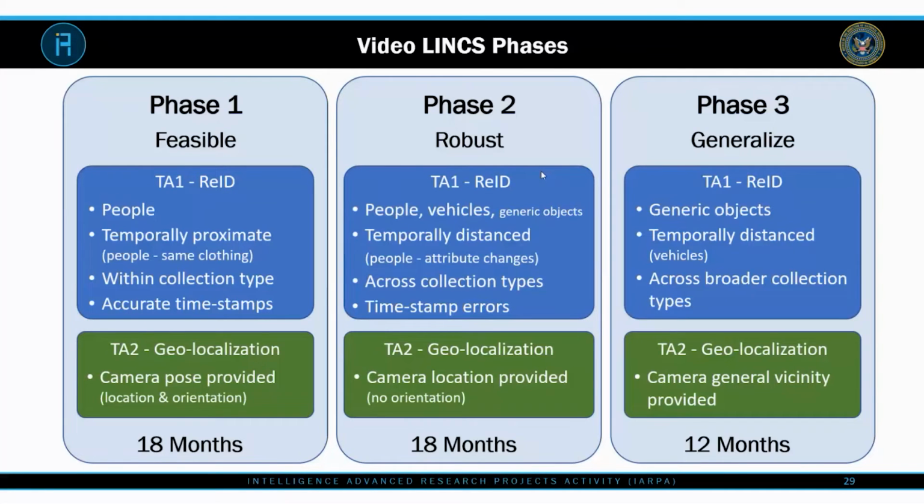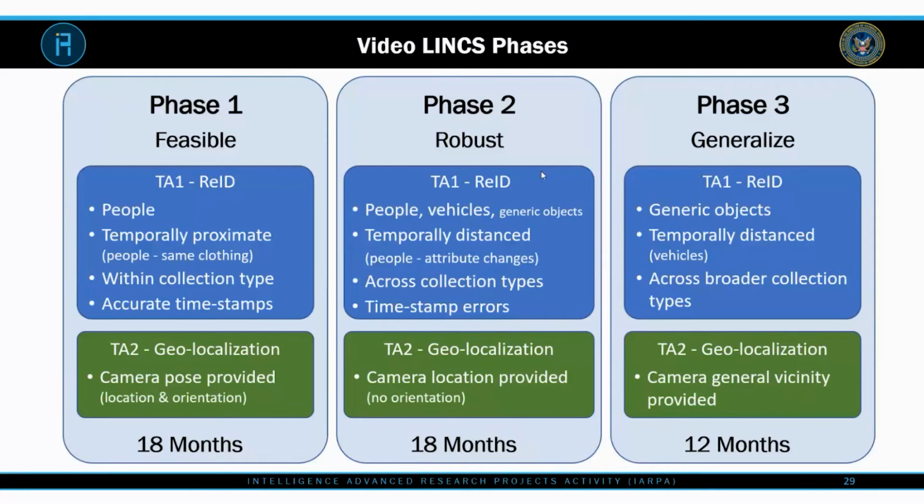And re-ID will be performed across collection types, such as between aerial collected imagery and ground-based imagery. And there will be more timestamp errors in the actual video. For geolocalization, camera location will be provided, but orientation of the camera will not be provided.